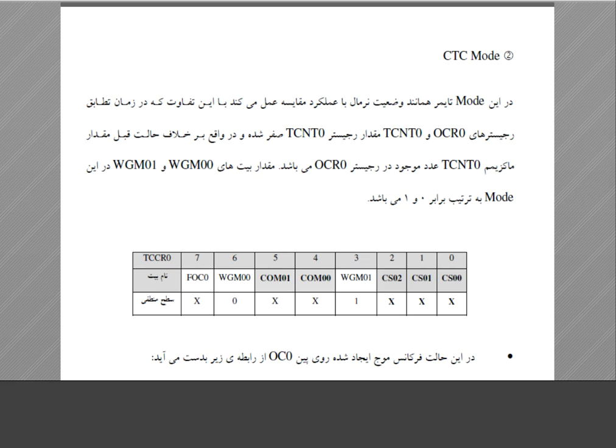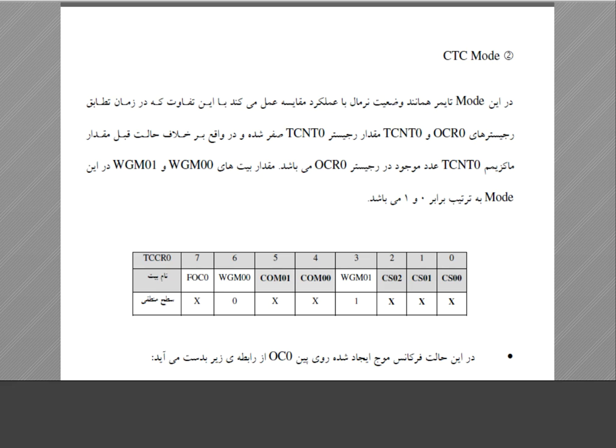For example, I write to OCR 100. T count is 0, 1, 2, 3, counting. The timer controller is each time comparing these two items, T count and OCR. We don't see a compare match.